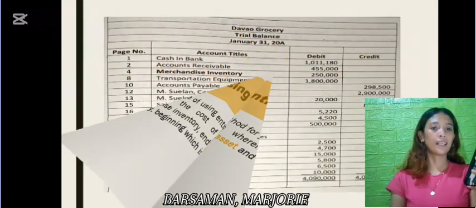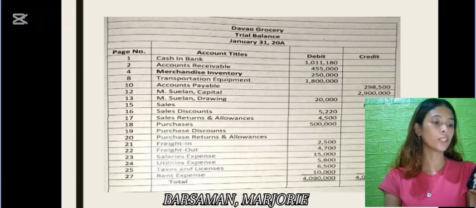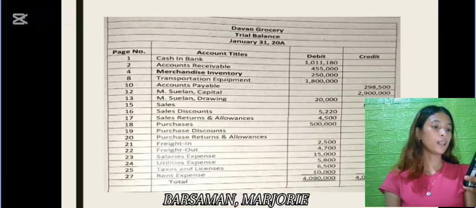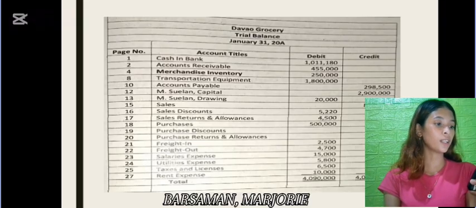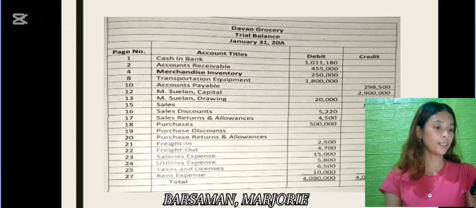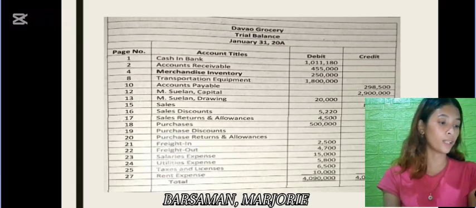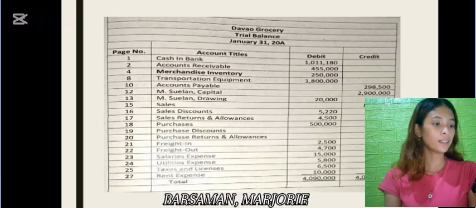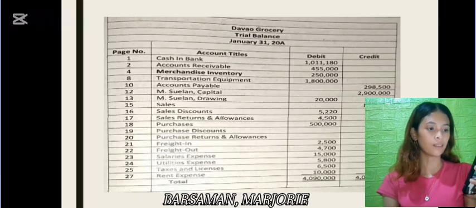This is a trial balance for Davao Grocery for January 31, 20A. A trial balance is a summary of all accounts in a company's general ledger at a specific point in time. It lists each account's debit and credit balances.